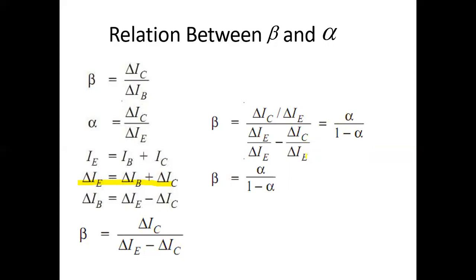We have the final equation: beta is equal to alpha by 1 minus alpha. This is the relation between alpha and beta.